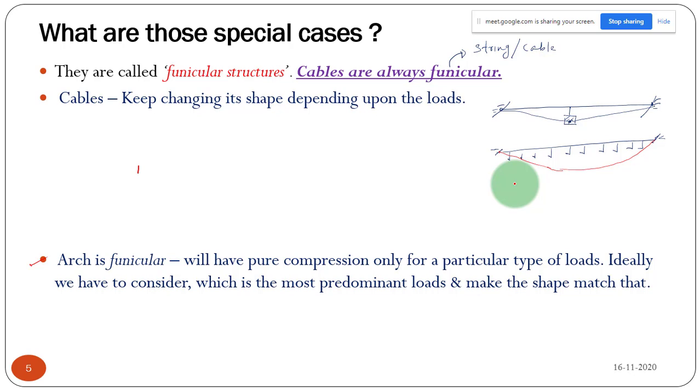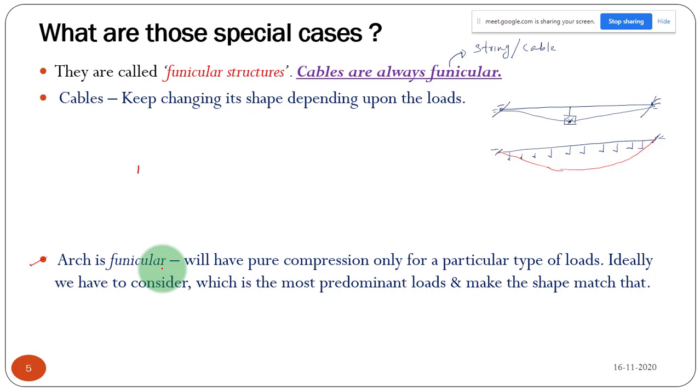But if you take some particular type of loading, let us say UDL, you can design an arch for that set of loading to get this condition. For one set of loading, you can design your arch and get a profile.